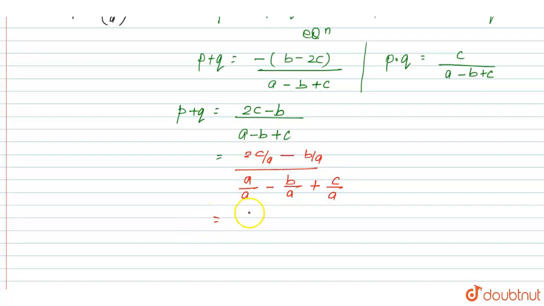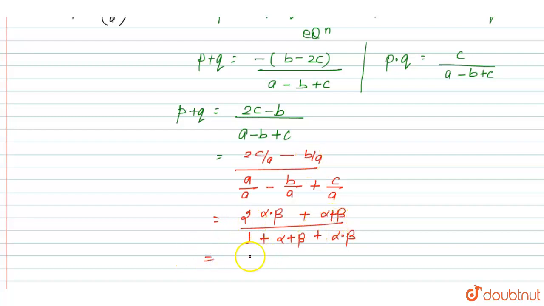This can be written as 2 into alpha into beta, since c by a is alpha into beta, minus b by a, which is alpha plus beta, upon 1 plus alpha plus beta plus alpha beta. Minus b by a is alpha plus beta.